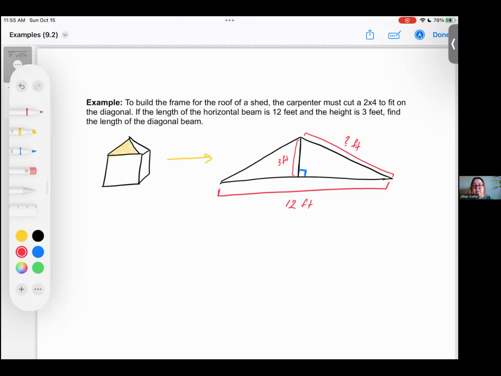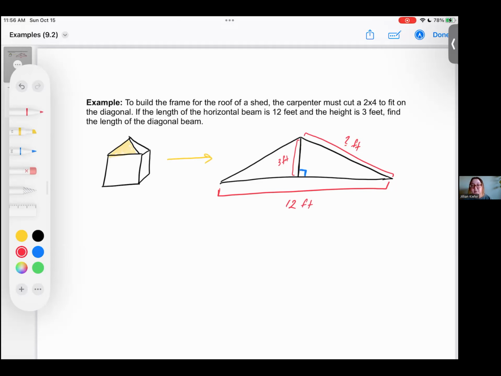And since it is technically two right triangles, we just need to find the length of that one diagonal beam, so we don't need to worry about a second triangle, but we do need to know the base of this triangle. The base of both triangles combined is 12 feet.